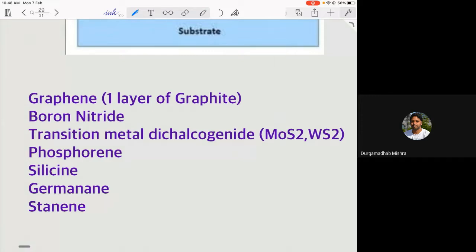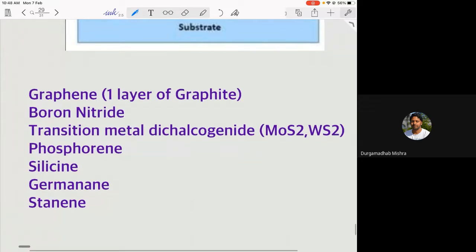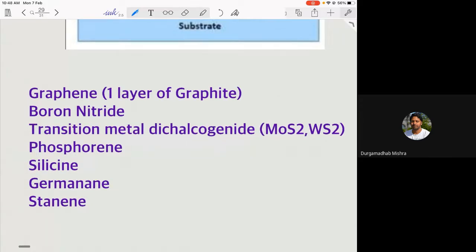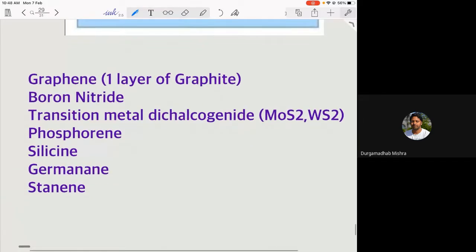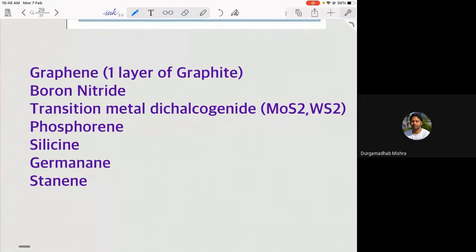Similarly from germanium you have germanene, and from tin, stanene. There are many possible 2D materials now being invented in the lab, which typically you cannot produce naturally. They are all probably potential candidates for these transistors, and we will see which one will dominate in future.